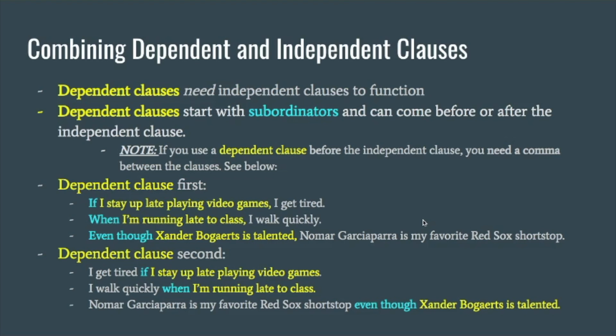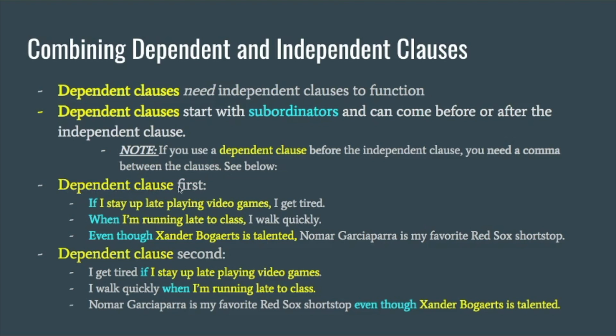Combining independent and dependent clauses is what good writing's all about. Your dependent clauses will start with a subordinator, and they can come before or after the independent clause. So if you use a dependent clause before the independent clause, you need to put a comma between the clauses. Let's take a look at some examples.